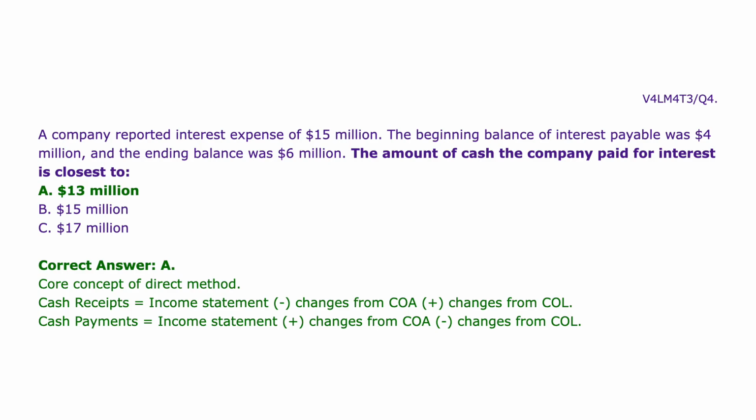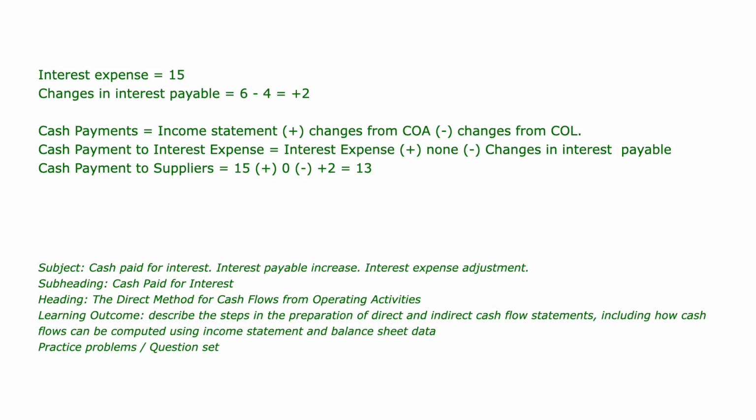Cash receipts equals income statement minus changes from COA plus changes from COL. Cash payment for interest expense equals interest expense minus changes in interest payable.